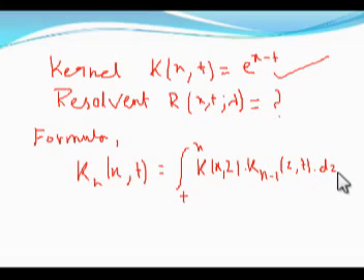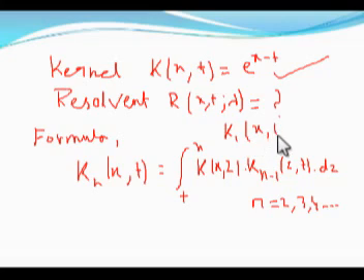Here n can be 2, 3, 4, and K1(x,t) is equal to the given kernel K(x,t).